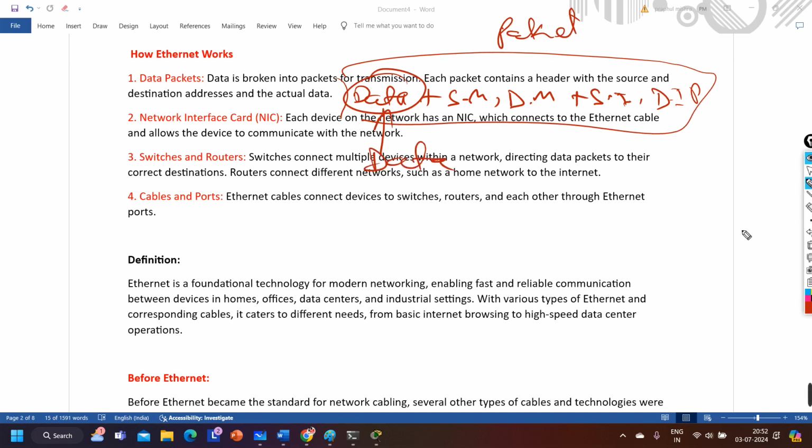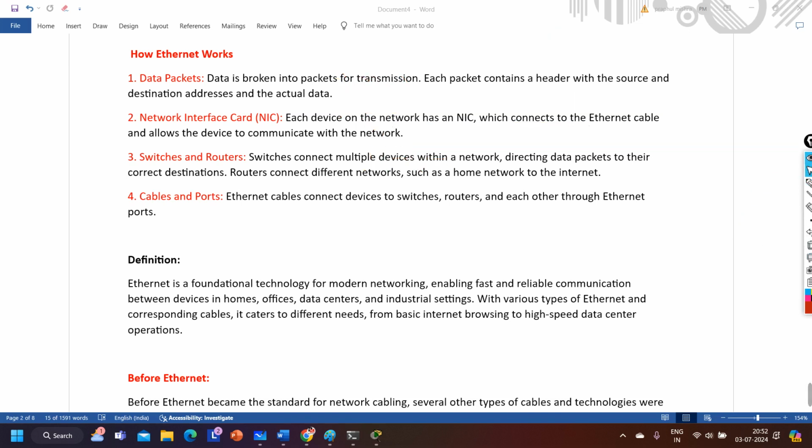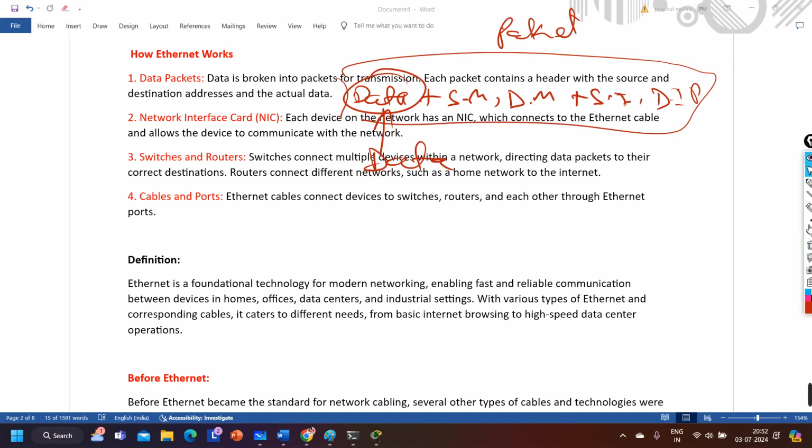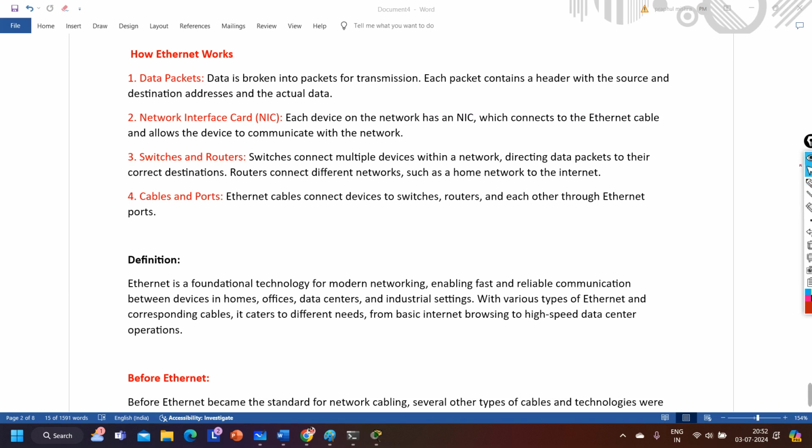Data. Hope it is clear. Correct? Header. So this is what? This is the header. This is like the envelope of your letter. Okay. So Ethernet is responsible for adding which header? Ethernet header.